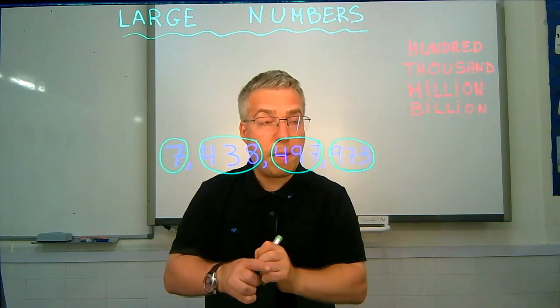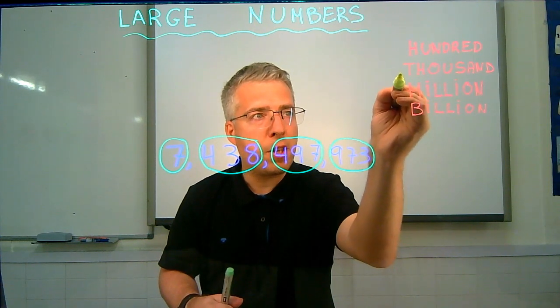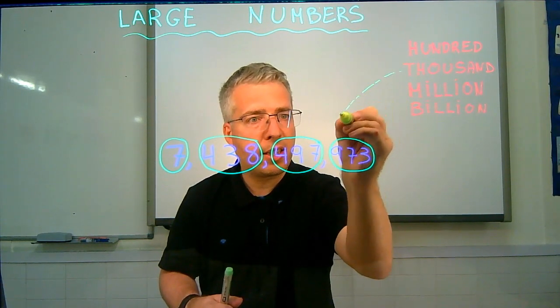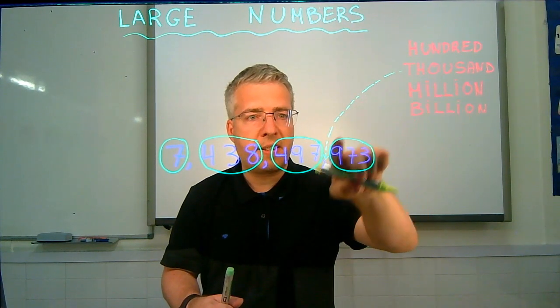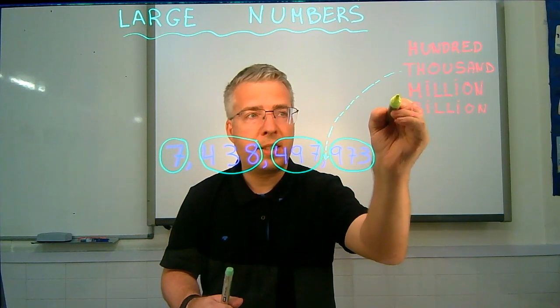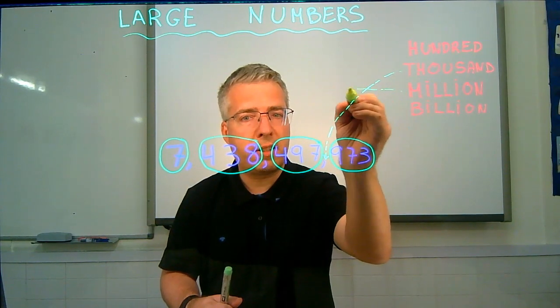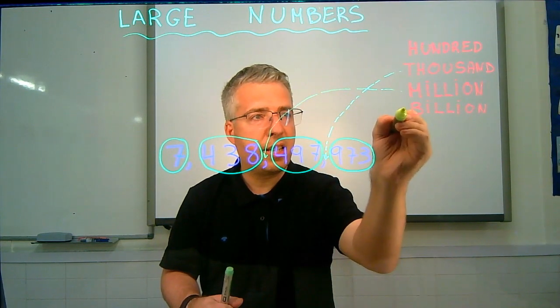Also, remember that every comma that you see has got a name, that is 1,000, the first commas that you can see in a number, then the million, and finally the billion.